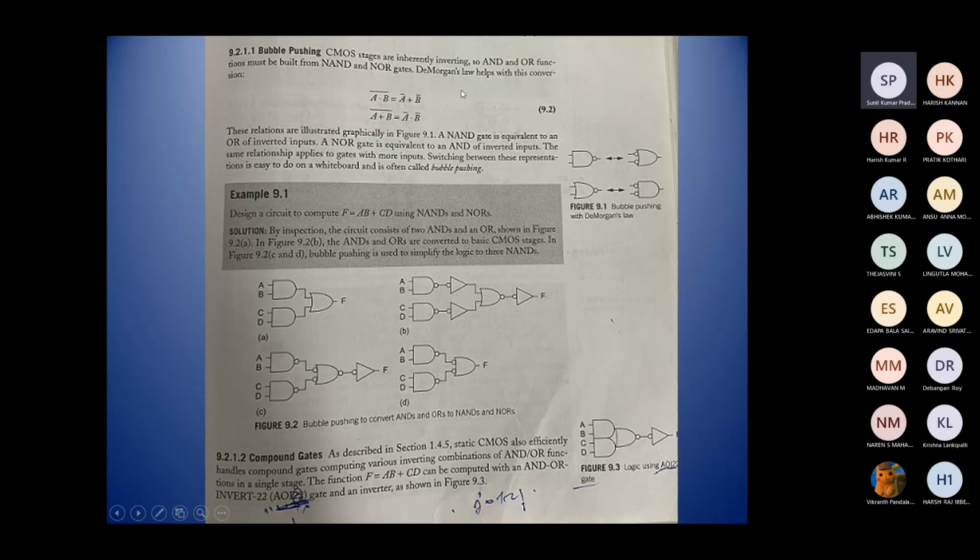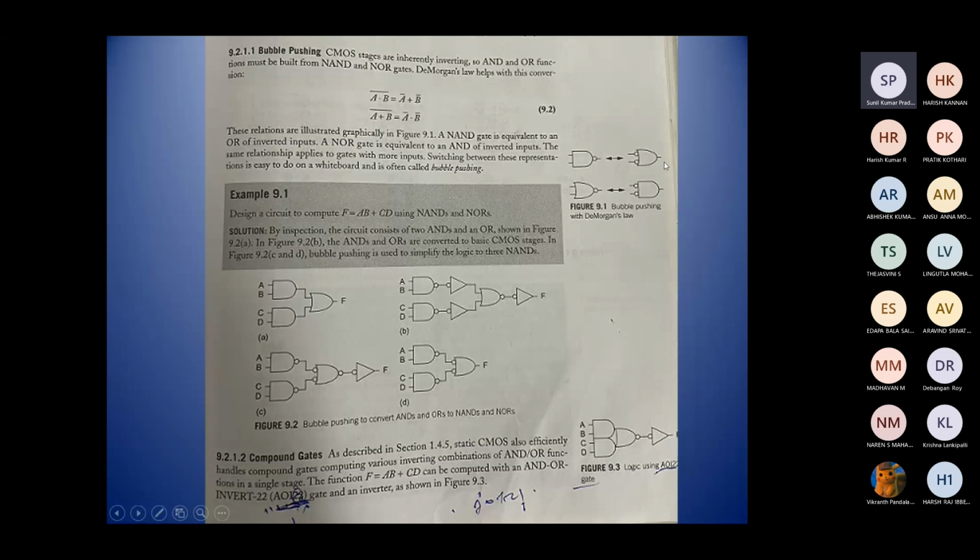This is the way of representation that we call bubble pushing. CMOS stages are inherently inverting, so AND and OR functions must be built from NAND or NOR gates. De Morgan's law helps with this conversion. If you can see here, this is highlighted.